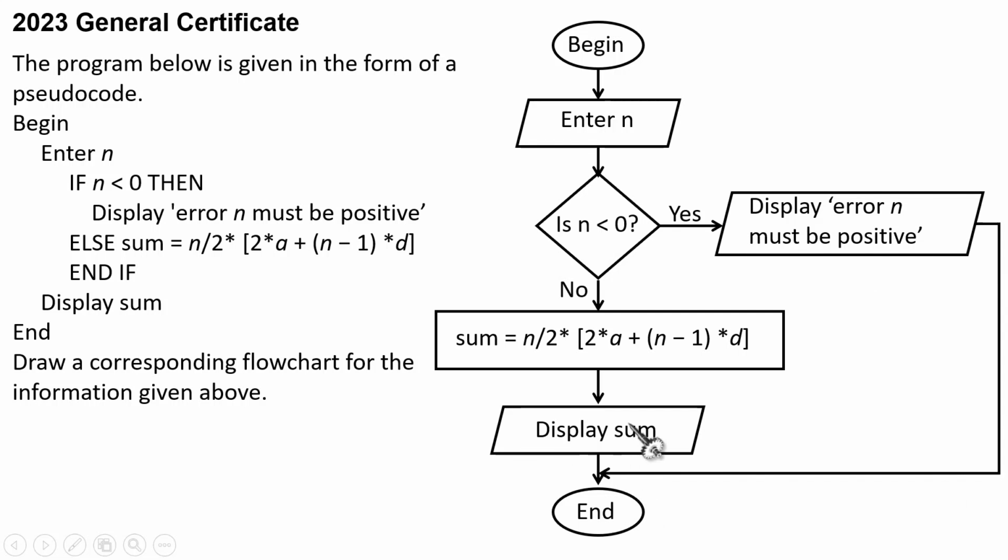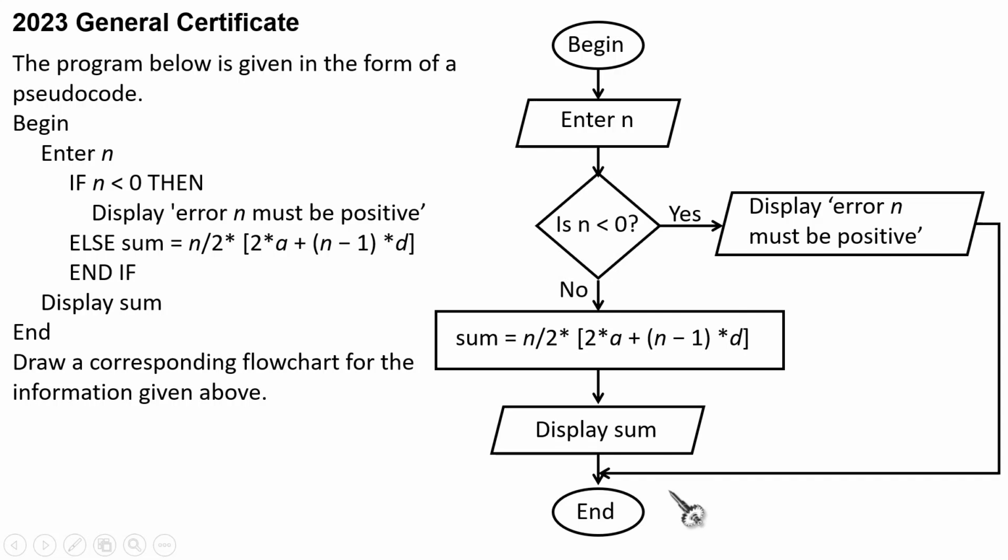Just like here, there's display and stop. Even this display and this display, they are playing the same role, except this display is displaying the correct value here, but this display is displaying the wrong value entered here. So then it displays exactly that, and then it goes to stop the program.